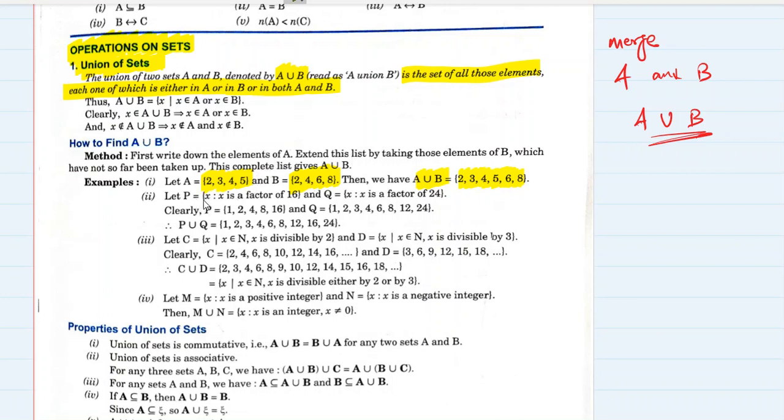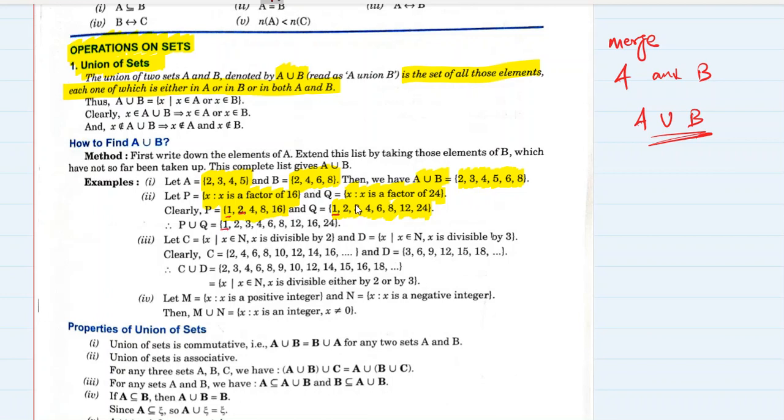Let P be a set of all elements X such that X is a factor of 16, and Q is a set of all elements X such that X is a factor of 24. Now what are the factors of 16? 1, 2, 4, 8, and 16. Factors of 24: 1, 2, 3, 4, 6, 8, 12, 24. If you write them together, you will write 1, which is there in both the sets.